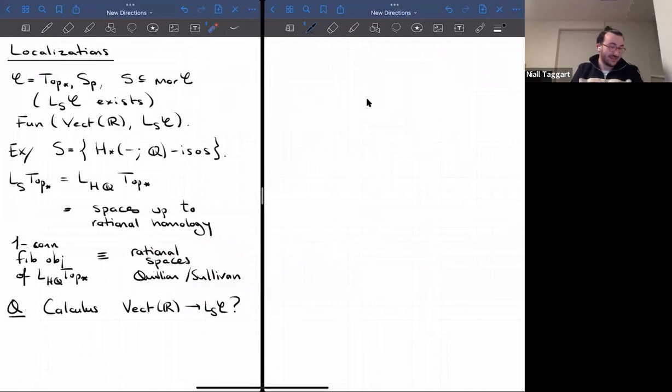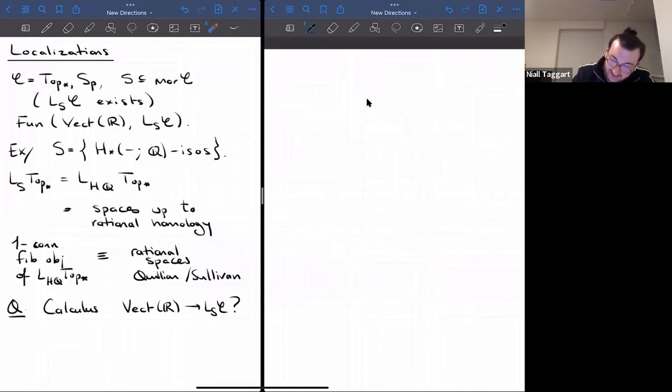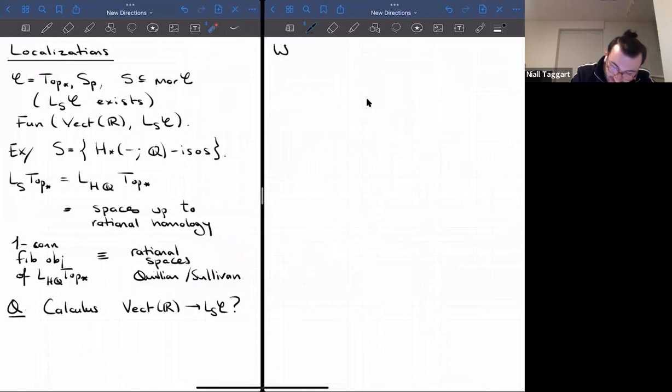Because this is an audience which is probably slightly more algebraic than the usual audience that listens to functor calculus talks, I want to talk about some algebraic models for functor calculus, which, full disclosure, don't exist, but are a pipe dream that I would want to exist. And this is one step in getting these things.